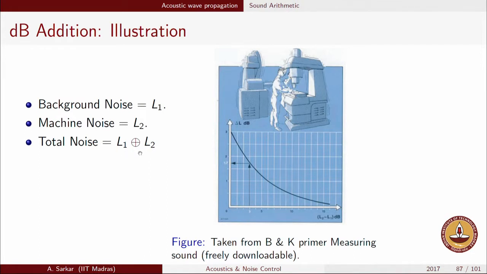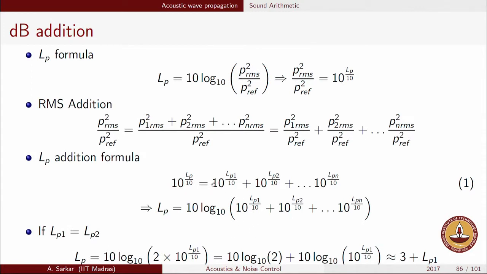So, L1 logarithmic addition of L2 is the total noise that is expected, and that can be easily determined through this kind of a formula.